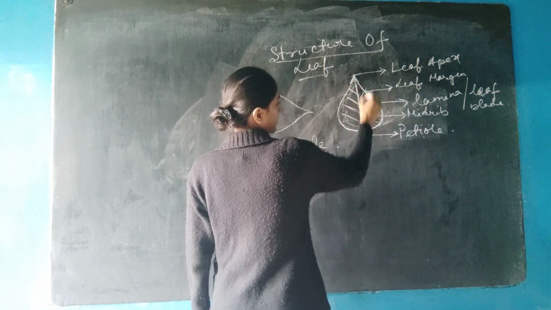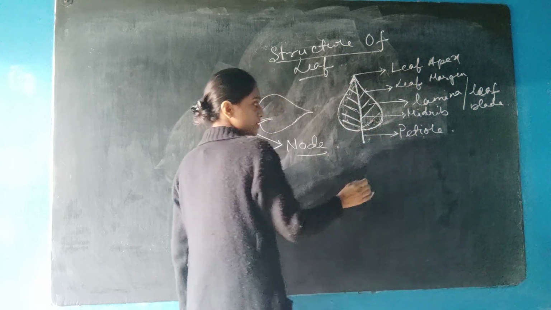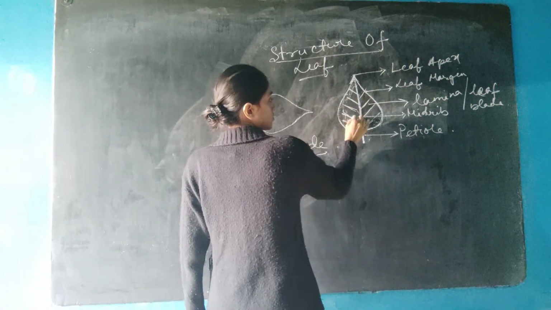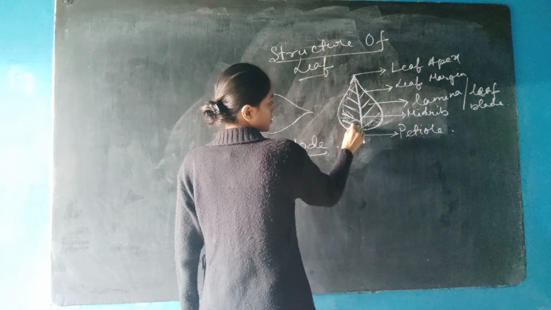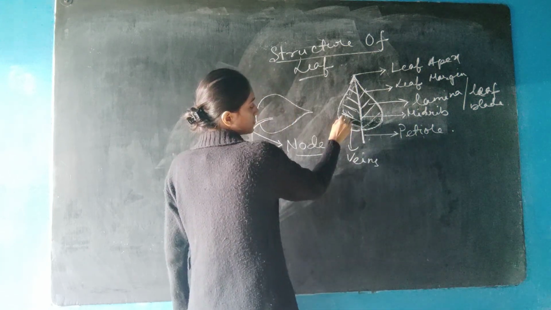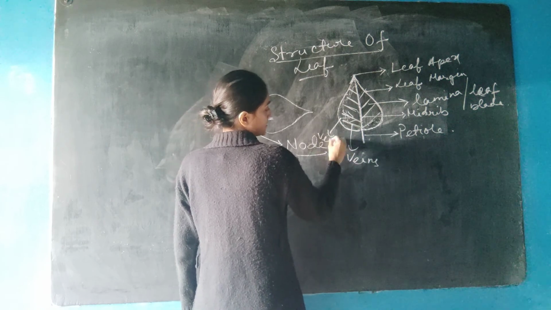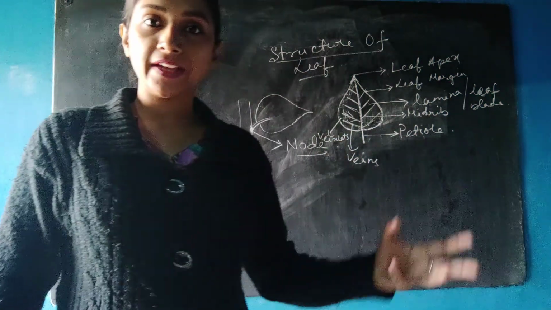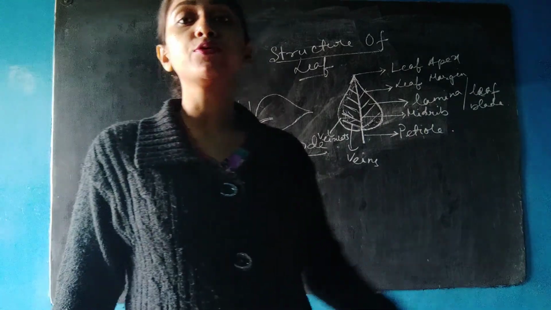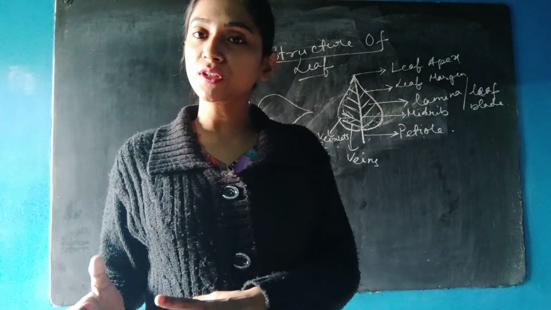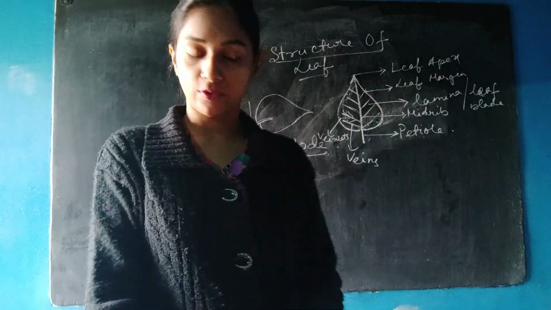Now these veins again divide to form veinlets. So these are the veins and the subdivisions of the veins are termed as veinlets. Okay. And these veins, veinlets, petiole, midrib help in the transportation of food and water away from the leaf or towards the leaf. Okay.